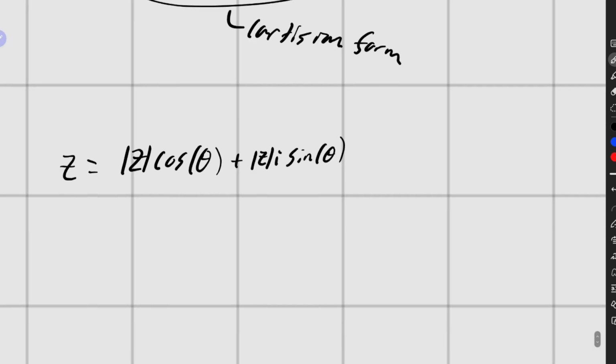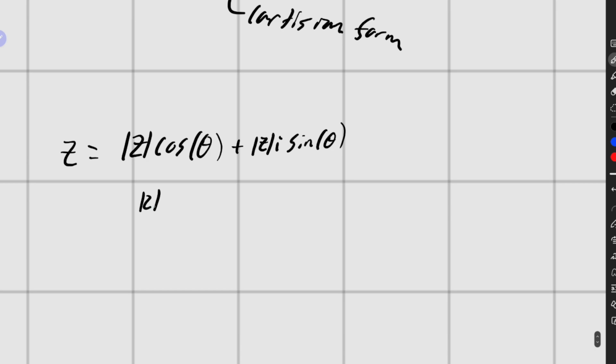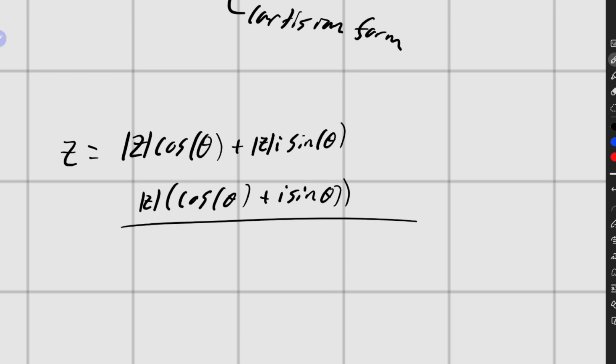Now you can factor out the modulus of z and write it like this: cosine theta plus i sine theta. That is polar form, right?